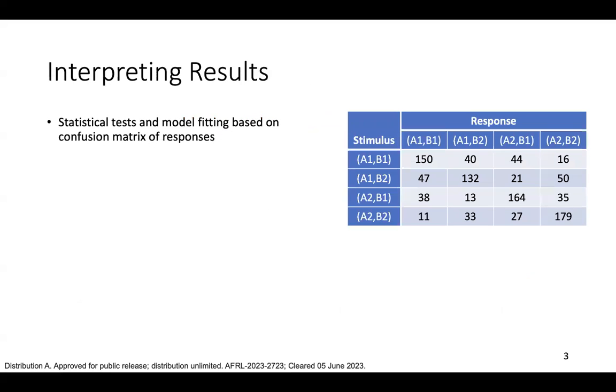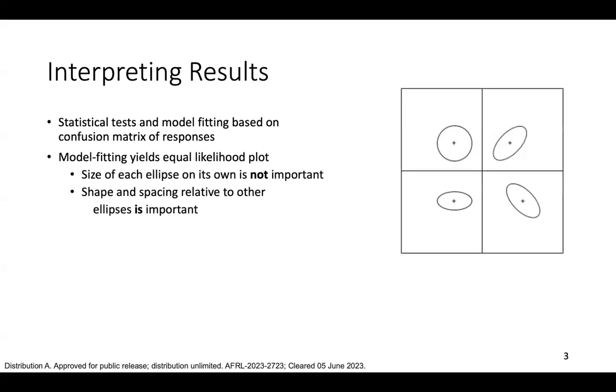As I mentioned previously, the main result of a GRT experiment is a confusion matrix giving the frequencies of each stimulus response pairing. Non-parametric statistical tests can be performed on these frequencies directly to test for report independence and marginal response invariance. Another common analysis technique is to fit a parametric GRT model to the data, which can be illustrated as an equal likelihood contour plot, such as the example on the right side of the screen.